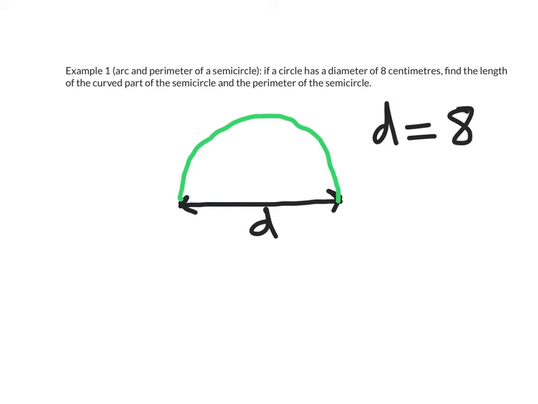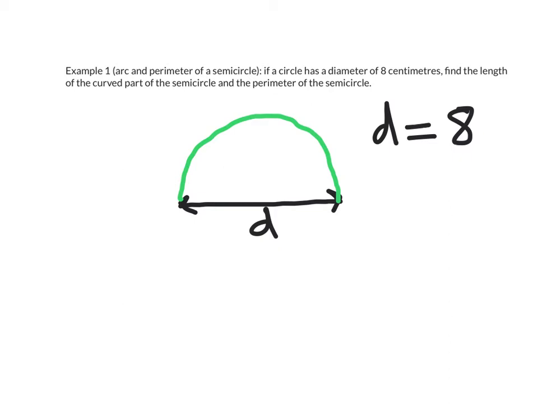To find the curved length, that green length there, we want to think of it as part of the circumference, and that length is just going to depend on what fraction of the circle we've got. Whatever fraction of the circle we have here, this arc length will be the same fraction of the circumference.